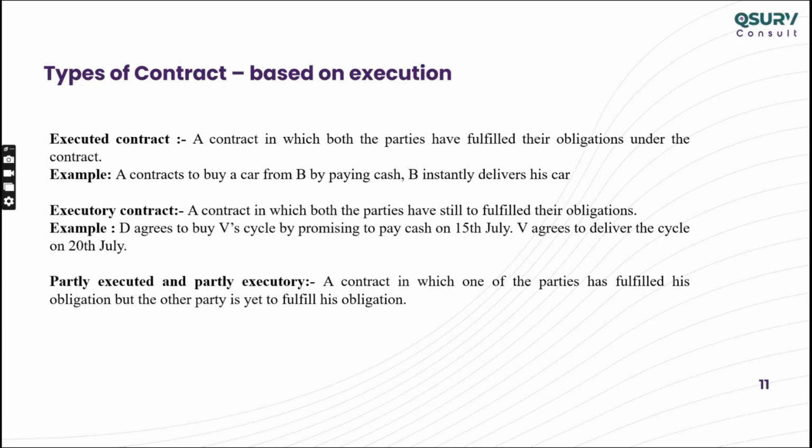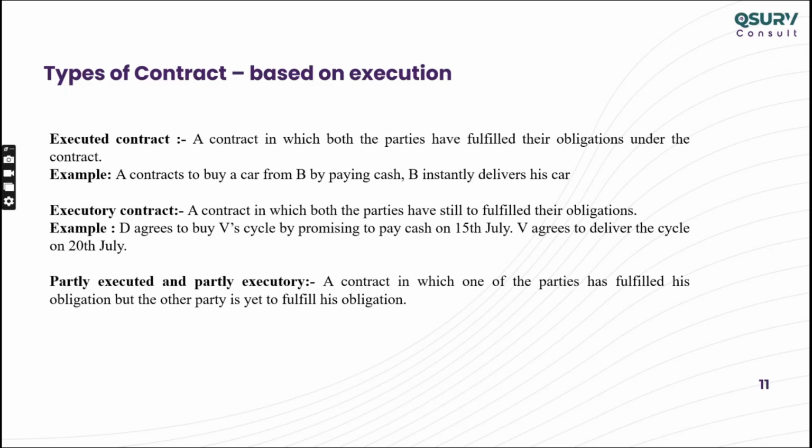So both parties are yet to fulfill their obligations, called an executory contract. Now something called partially executed and partially executory. That means a contract in which one of the parties fulfills his obligation, and the other party is yet to fulfill his obligation.